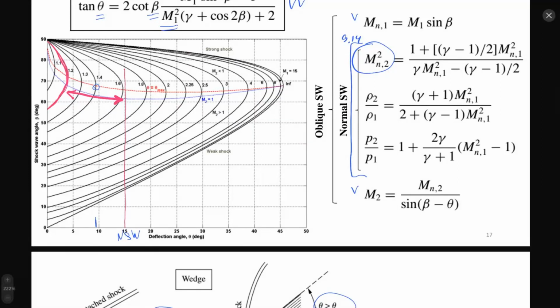Okay, where is our Mach 10? It's somewhere here where we have infinite and Mach 15, Mach 8, very close to Mach 8, between 8 and 15. And then I find my 15 degrees. It was 15, right? Yeah, it was 15. So somewhere right here. So I will assume 20 degrees of beta angle.